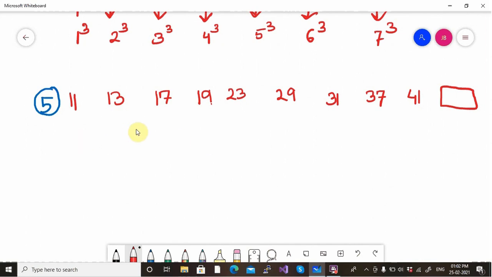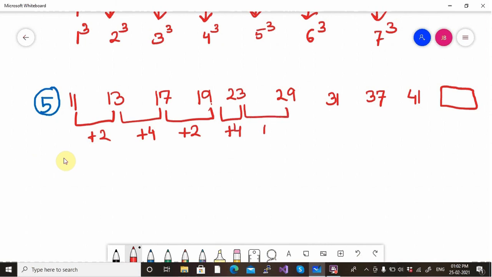So let's find the differences. 11 and 13 difference is plus 2. 13 and 17 difference is plus 4. 17 and 19 difference is plus 2. 19 and 23 difference will be plus 4, and 23 and 29 difference will be plus 6. 29 and 31 difference will be plus 2. 31 and 37 difference will be plus 6. 37 and 41 difference will be plus 4.